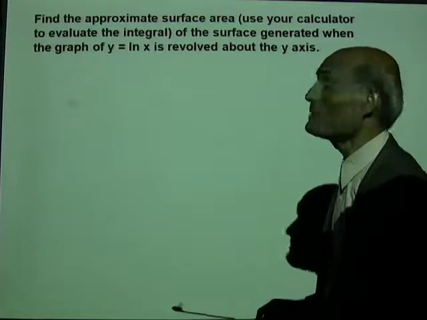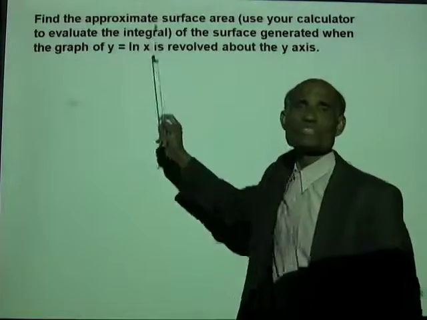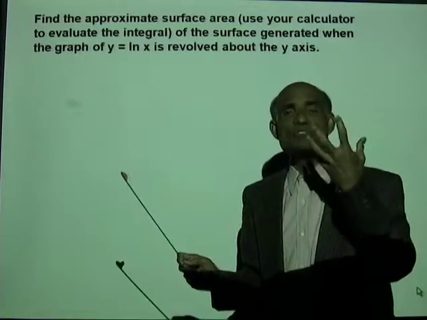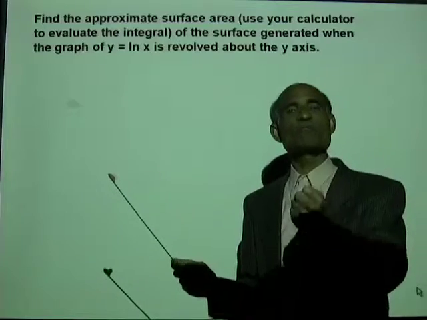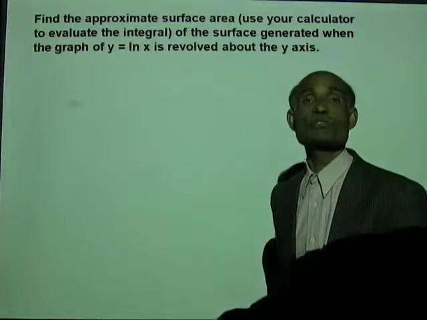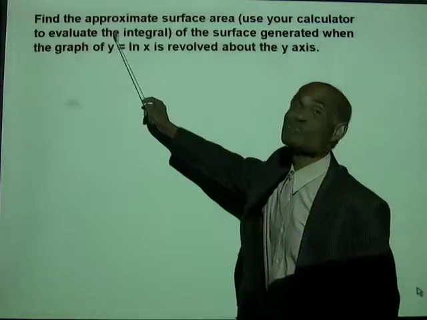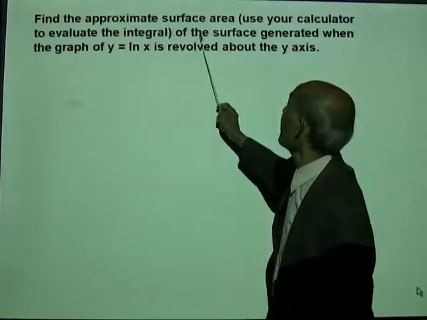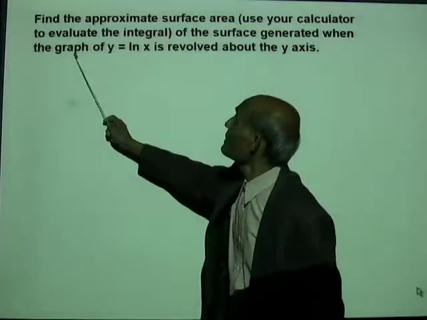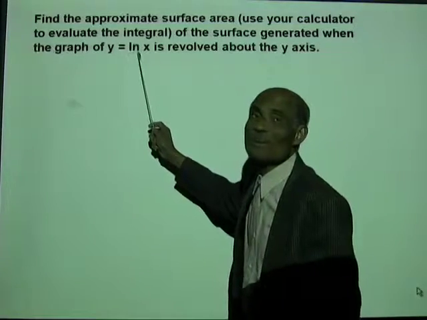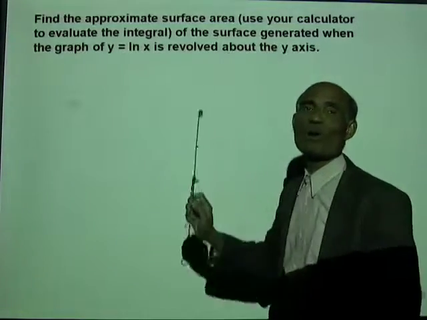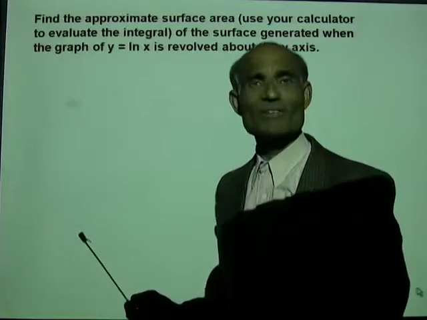Find the approximate surface area, which obviously suggests that you will not be able to integrate it, to simplify it fully to get the exact value. You got to find the approximate value. That means use your calculator to evaluate the integral of the surface generated when the graph of y equal to ln x is revolved about the x-axis.